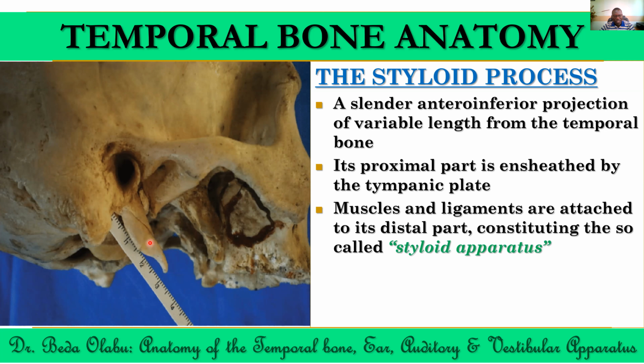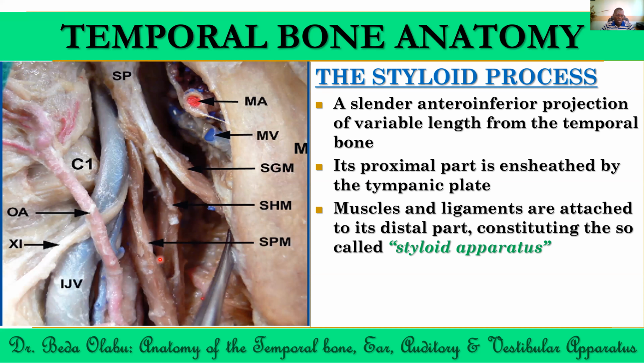There are a number of muscles that attach towards the tip of the styloid process. Those muscles, together with the ligaments, constitute what we usually call the styloid apparatus. We can mention the muscles. So this is the styloid process. This is the mandible, so this is anterior.